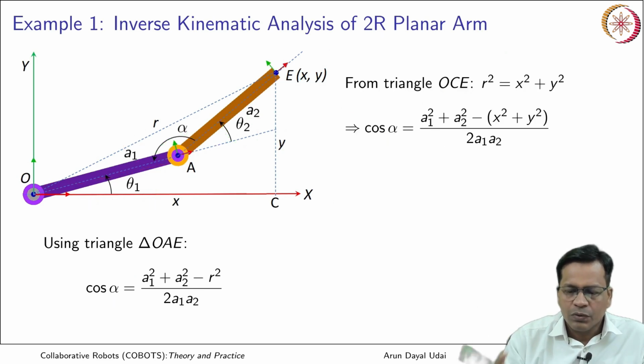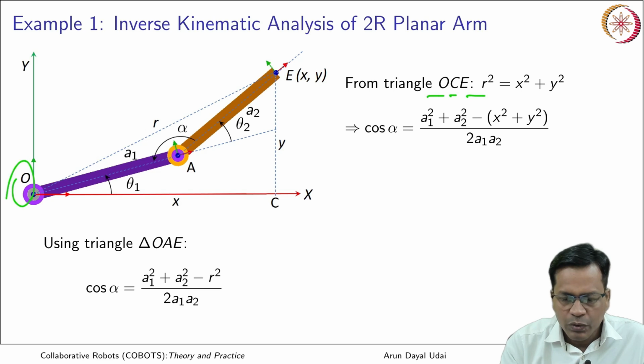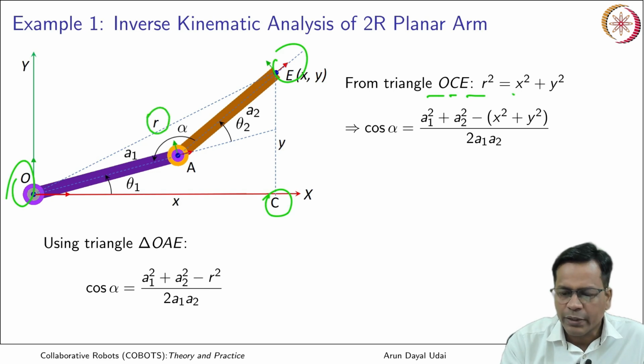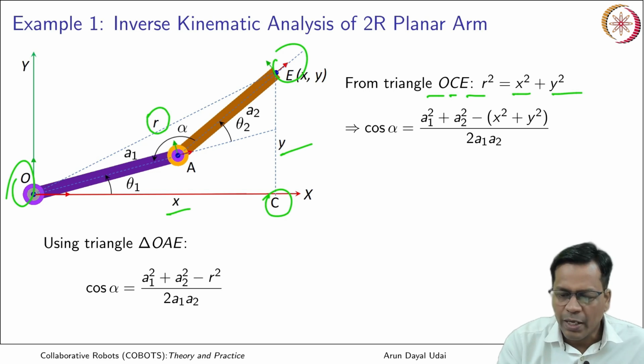Moving forward, from triangle OCE, that is the end effector position, using Pythagoras theorem, you can get R square is equal to x square plus y square. So this is your x and y. If I substitute this R square here, what do I get?